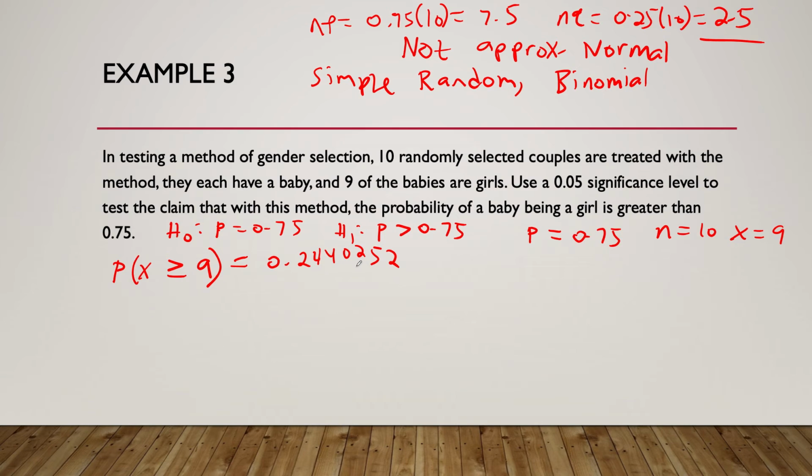because of this, we could say at the 5% level of significance, this value is greater than 5%. It would be greater than 5% if we put it into the normal calculator as well.